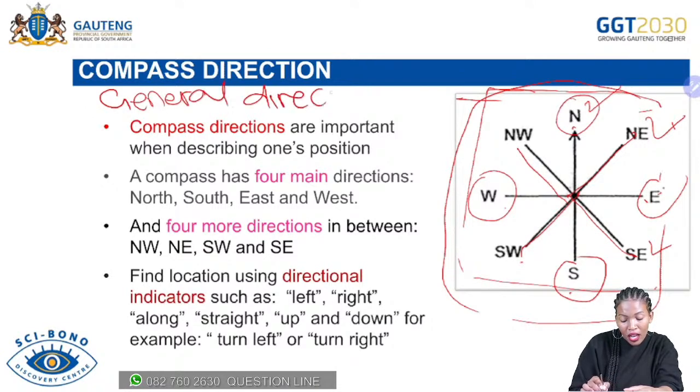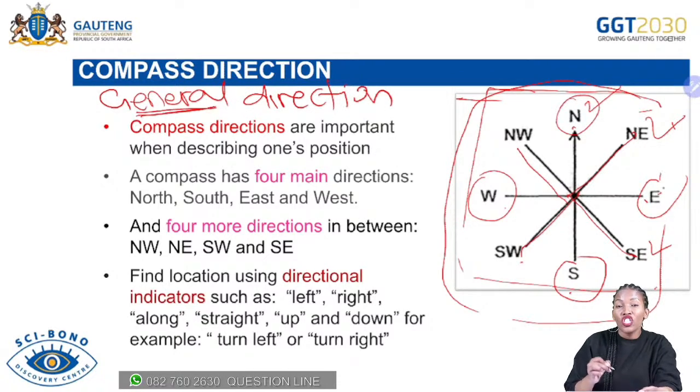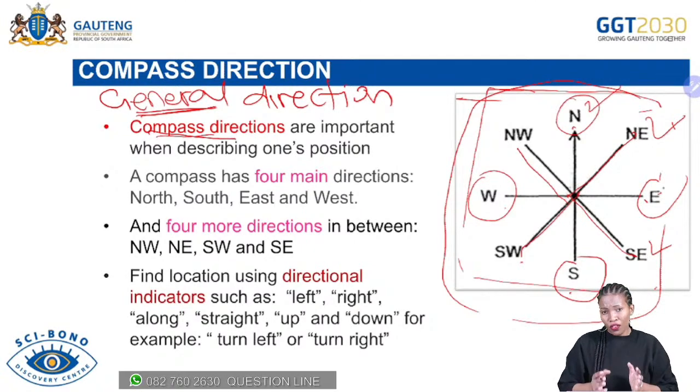As soon as you see the word general, you must know that it means I need to give the direction in terms of the compass directions. Most learners get confused when they're asked to give a general direction. Then they want to explain that turn left, turn right, go straight. No, that is something totally different.